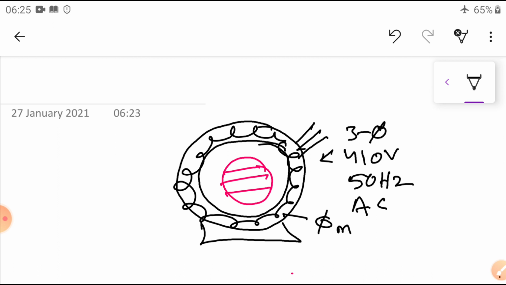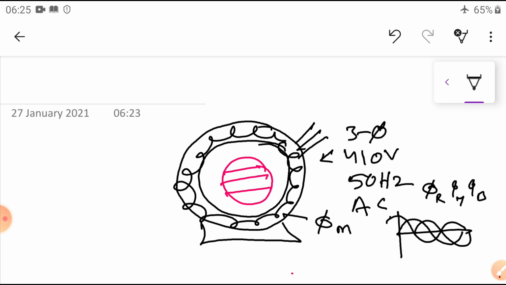Due to the AC nature, R phase, Y phase and B phase each produce their own magnetic field, phi R, phi Y, phi B. These 3 individual phases reach their maximum at different instants, placed 120 degrees apart.